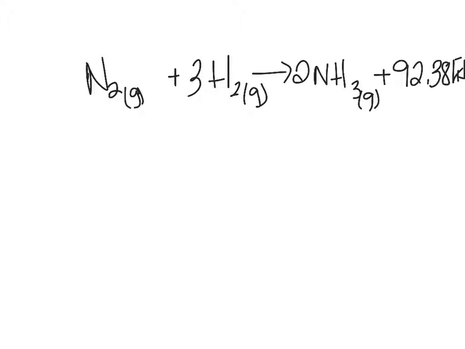Nitrogen plus hydrogen gas produces ammonia. This is a very important industrial process because ammonia can be used to make so many other products. And it releases 92.38 kilojoules for every mole of nitrogen gas converted.